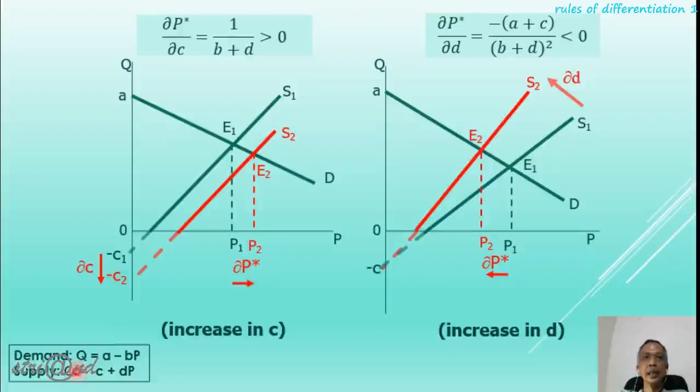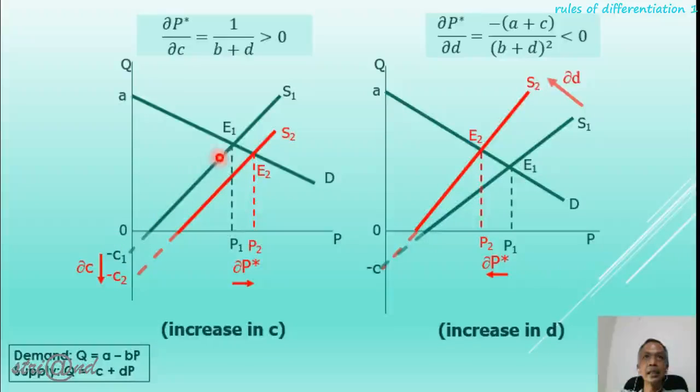If the Q is on the horizontal, if the quantity is put on the horizontal axis, the C here will become the horizontal intercept. But because this time the illustration is putting Q on the vertical, the C here is the vertical intercept. So the minus C is here.